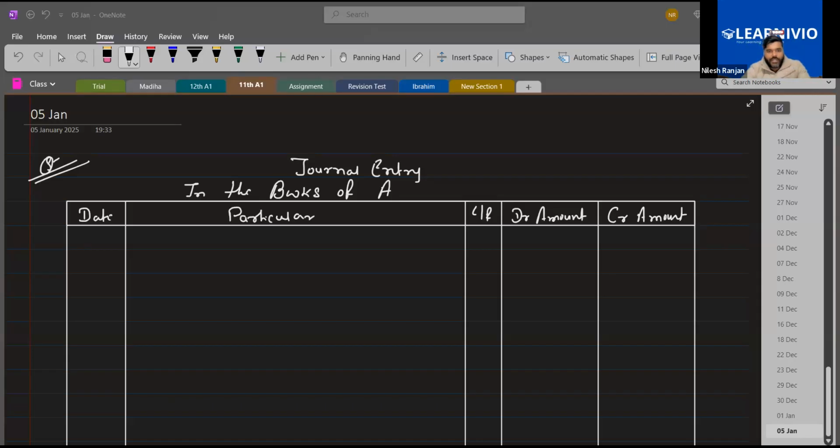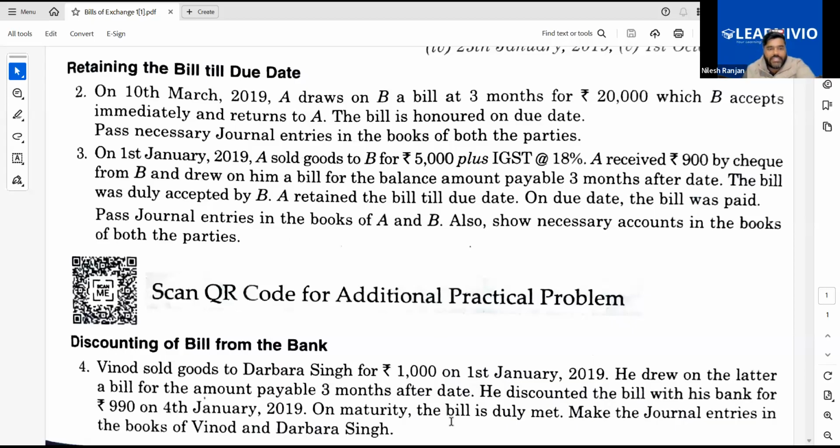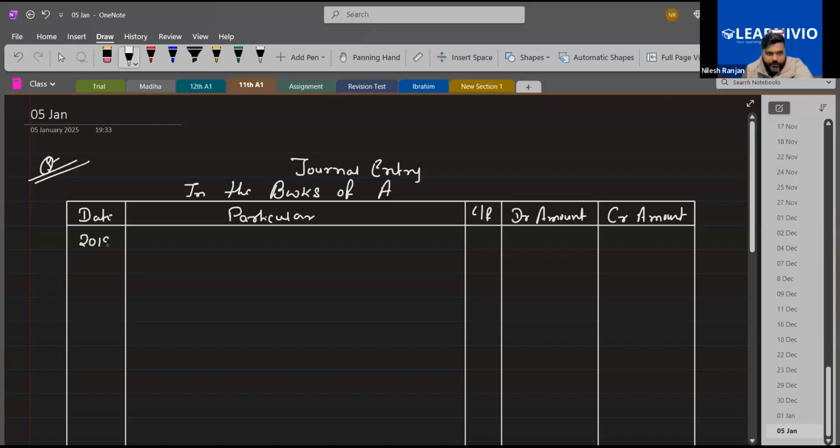So this is the question, and I have created the format here. Now, first of all, on 1st January 2019, A sold goods to B for 5,000 plus IGST 18%. So on this date, we have to pass the journal entry. January 1st.